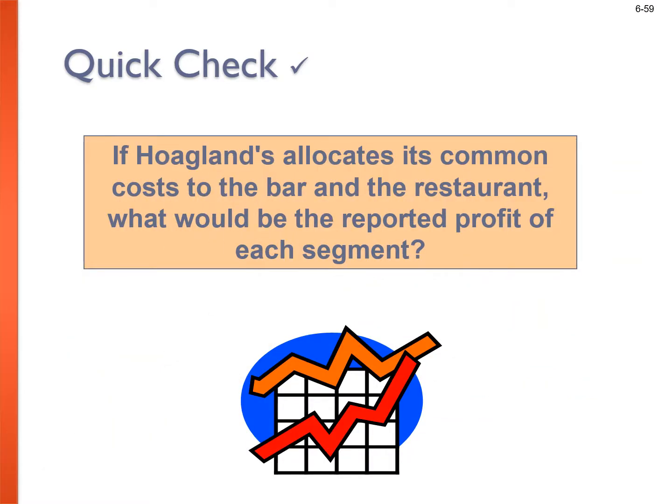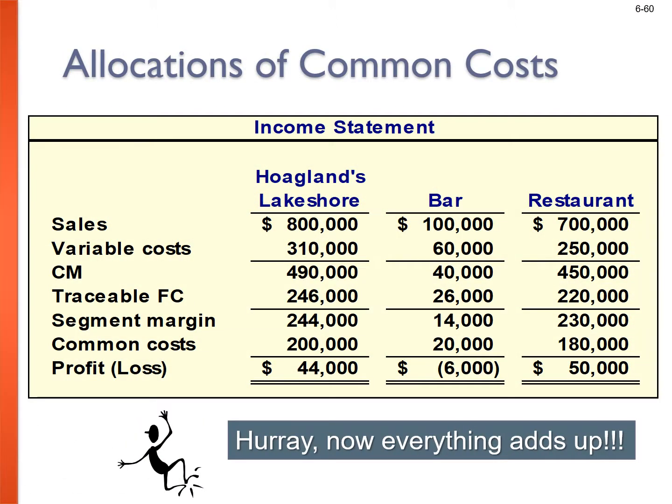If Hoagland allocates its common costs to the bar and restaurant, what would be the reported profit of each segment? Okay, so if they can allocate those common costs because of square footage, now, they can't get rid of the rent if they get rid of the bar.